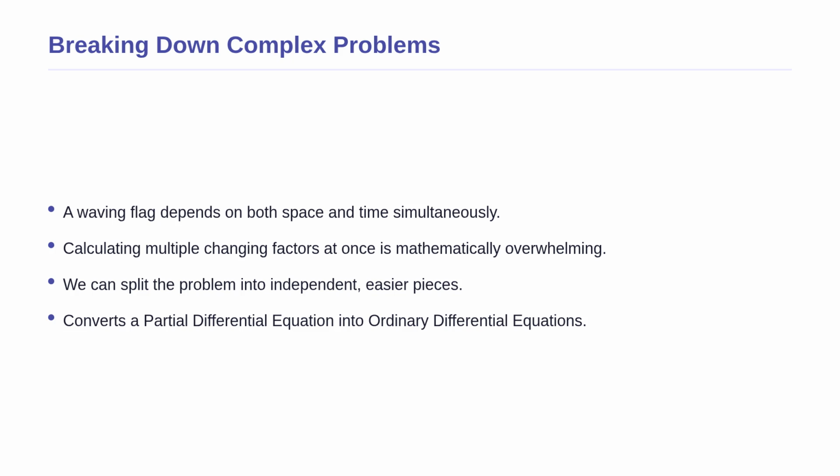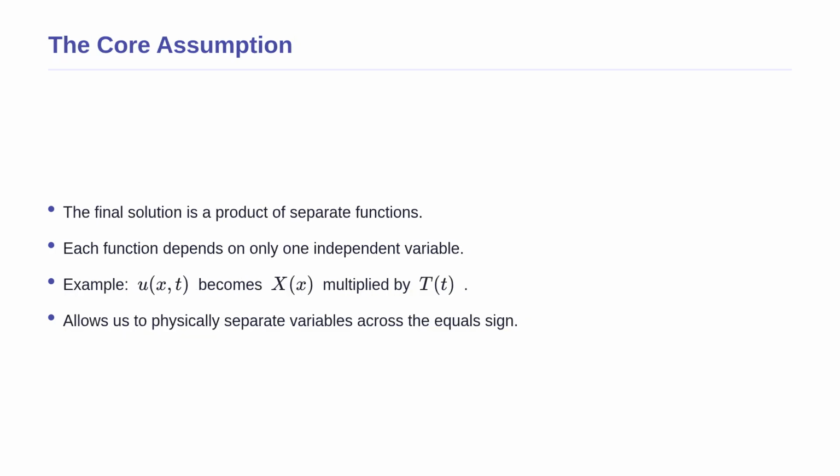Now that we understand the goal, let us look at the core assumption that makes this entire mathematical technique possible. We assume that our final complex solution can be written as the product of separate independent functions. Crucially, each of these functions must depend on only one variable.